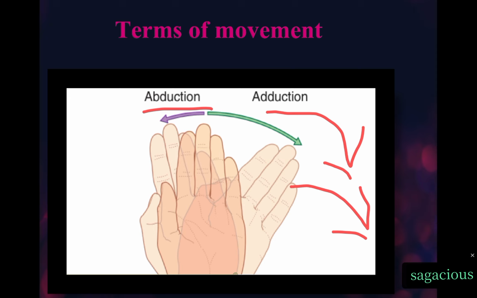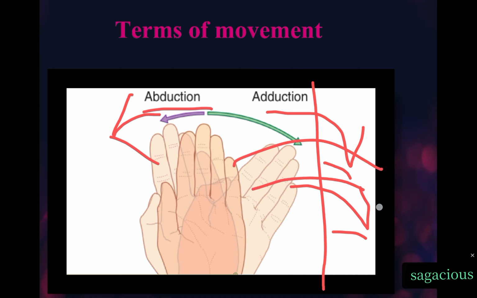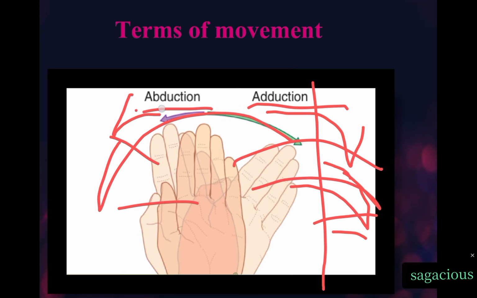In abduction, we are moving away from the median line. Remember, the median line cuts the body into two equal parts, and we also call it the median sagittal plane. And when we are moving towards the median line, that is what we call adduction.